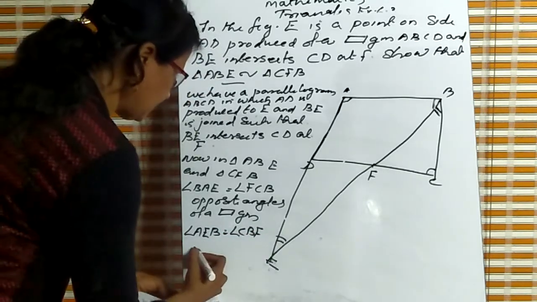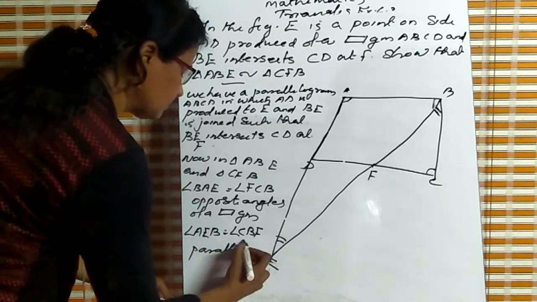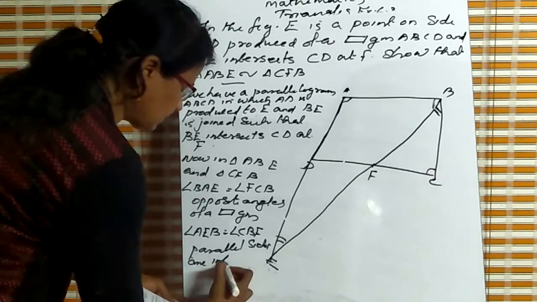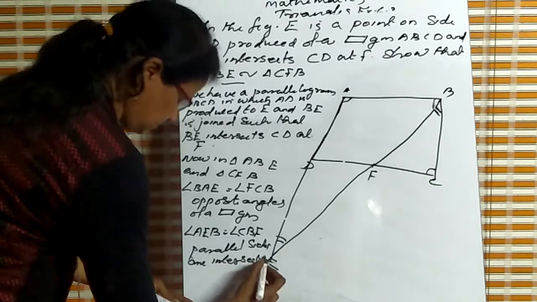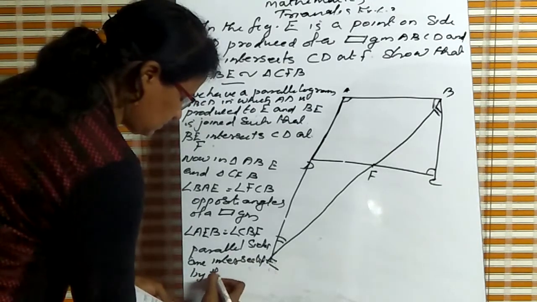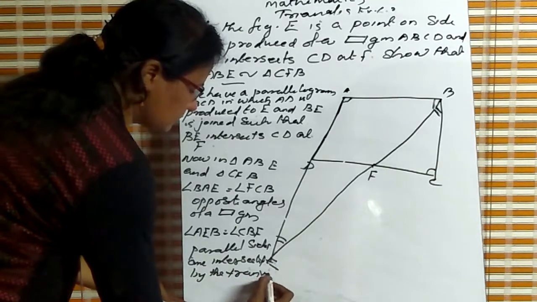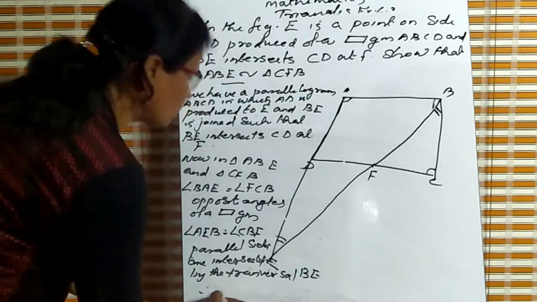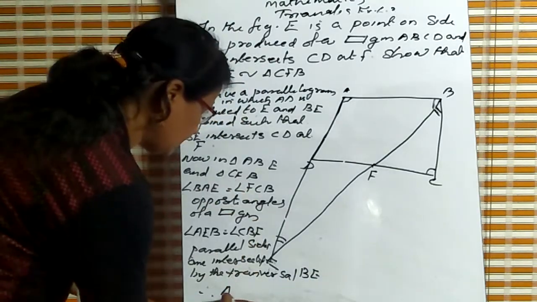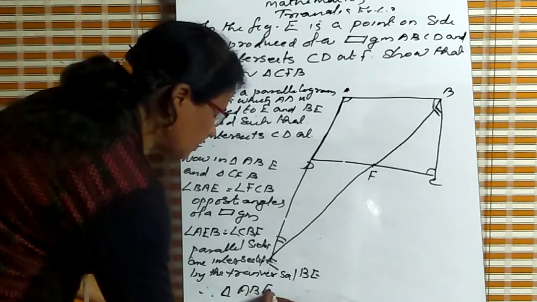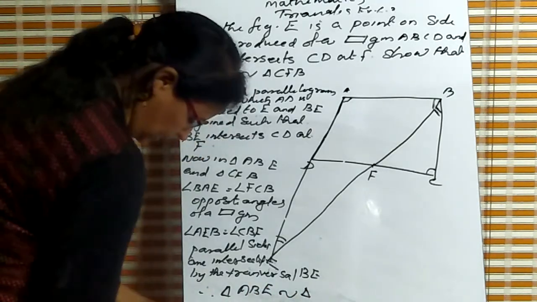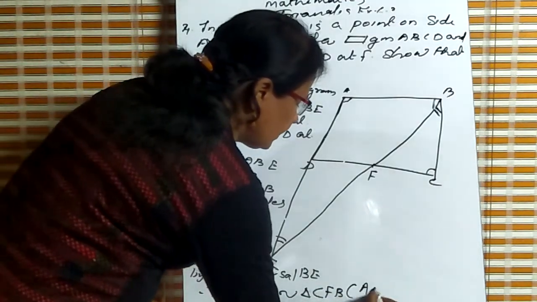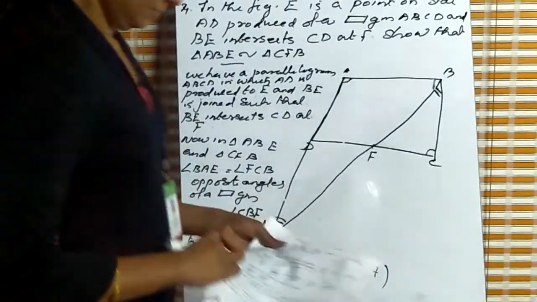Reason: parallel sides are intersected by the transversal BE. Therefore, triangle ABE is similar to triangle CFB by AA similarity criterion. Thank you.